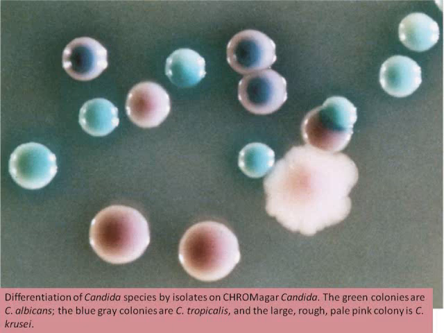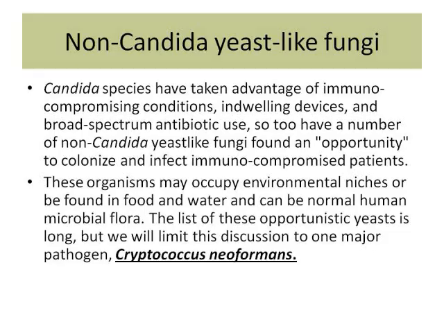Okay. Now, in the second group, remember we talked about non-Candida kind of things, and the most important over here is, again, Cryptococcus neoformans. Again, they are there in the environment. They can be found in food and water and can be normal microbial flora. And there's a list of opportunistic yeasts, but we'll just limit ourselves to Cryptococcus neoformans.